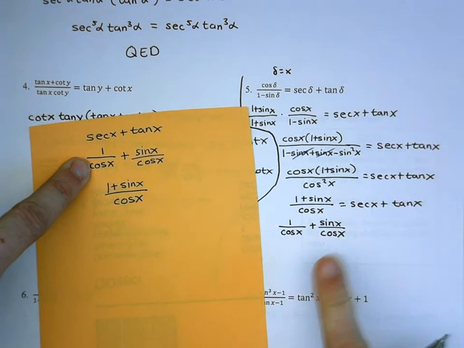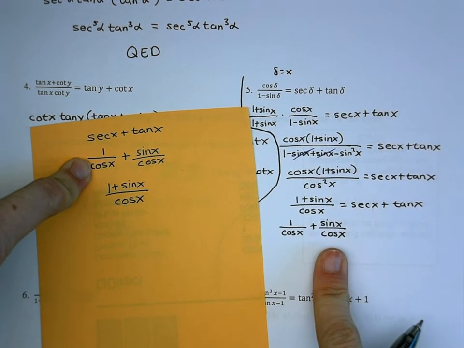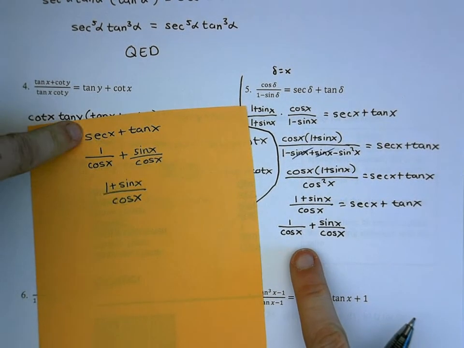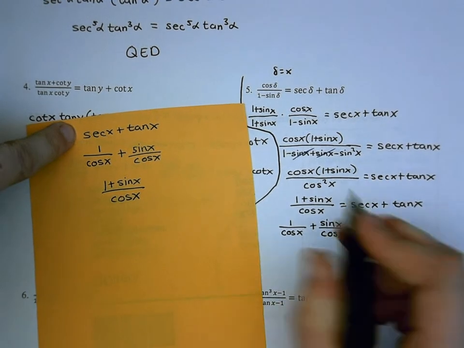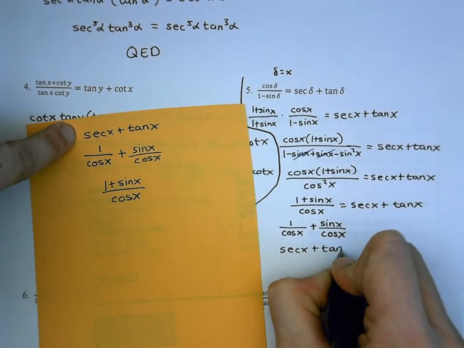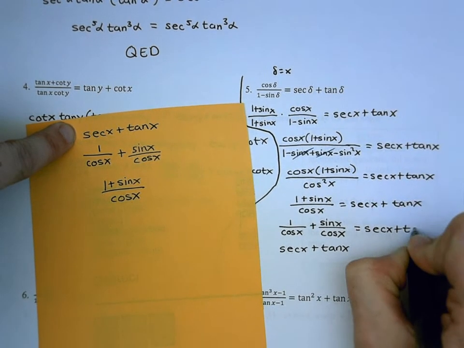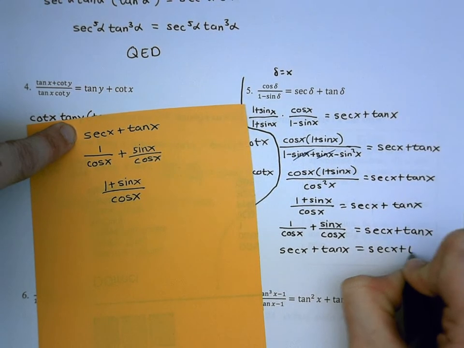That was another strategy we talked about at the beginning of the video. And now that we are here, we can rewrite the 1 over cosine x plus sine x over cosine x as secant x plus tangent x. And now we've gotten our left to match our right, and our proof is done.